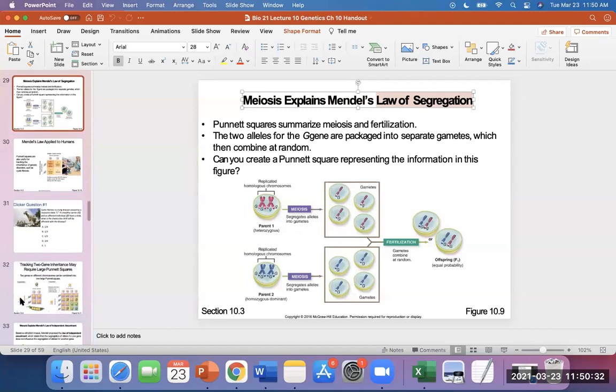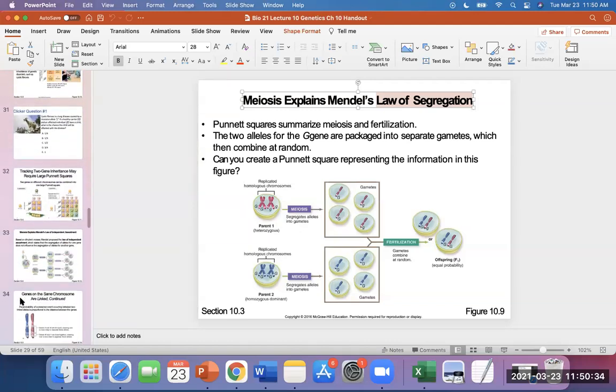Now, the things that break this law, one thing we talked about was linked genes. Can you guys remember what linked genes were? What are linked genes? I gave you the example of your appendix and your eyeball.